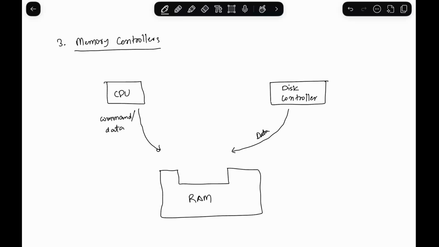So in order to prevent this collision, we need a very important component in our computer system, which is the memory controller. Let's first draw it. If you want to think of the memory controller, think of it as a strict sports referee standing right at the entrance of the RAM block.